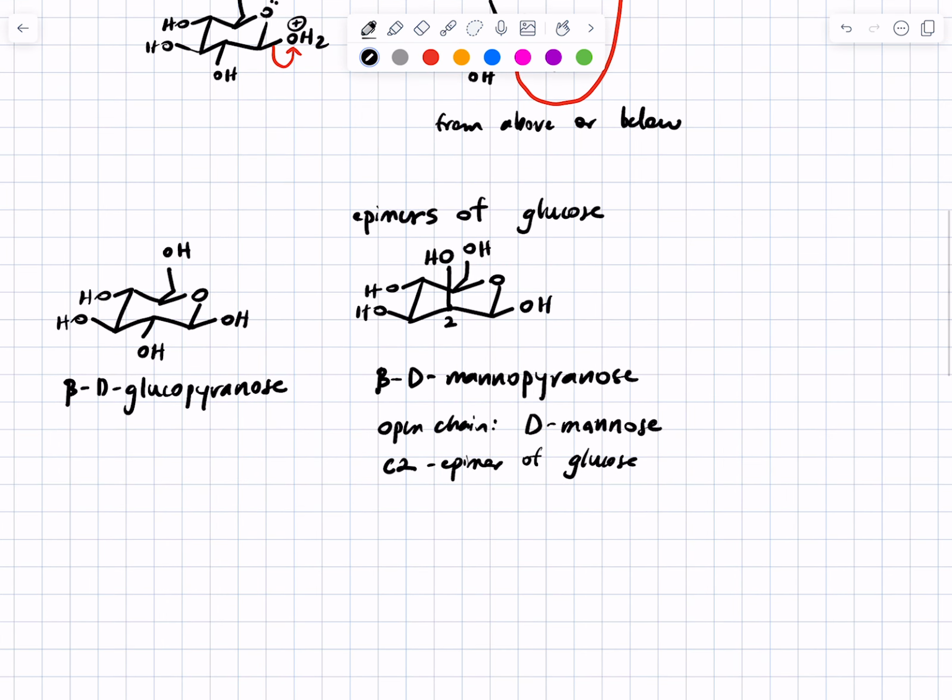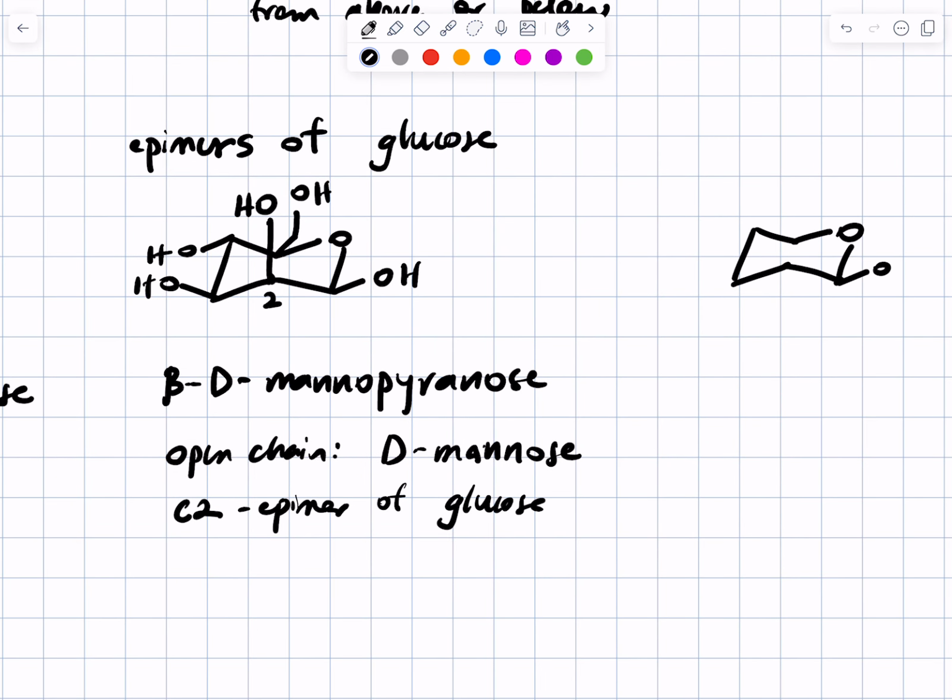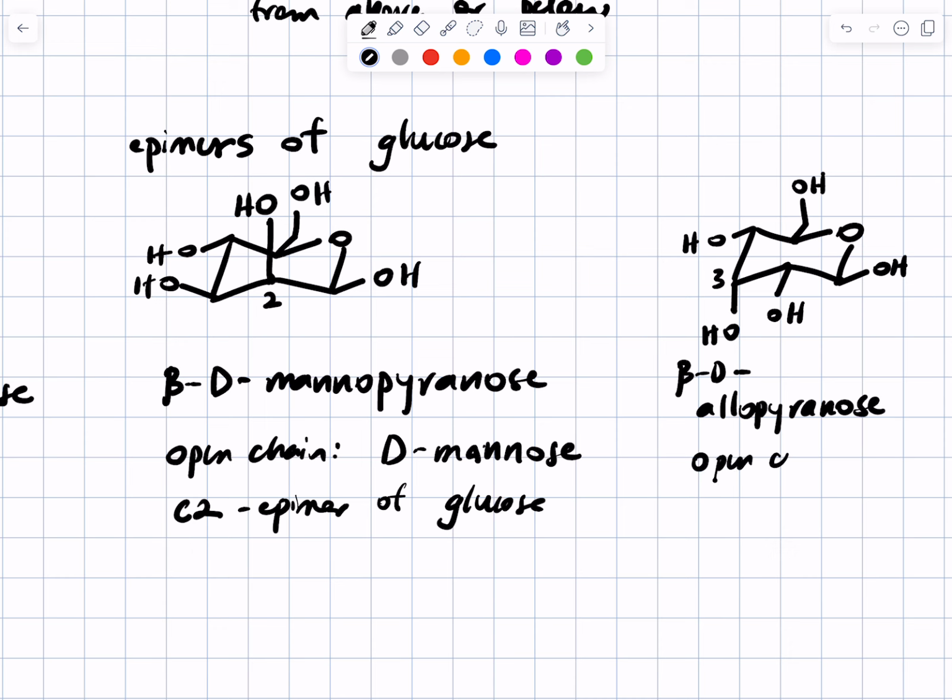Another epimer of glucose is the C3 epimer of glucose. This is less common than mannose or glucose or the other one that I will talk about. But if we draw everything the same except C3, then we would call this beta D-allopyranose, and its open chain form would be D-allose, and it is the C3 epimer of glucose.